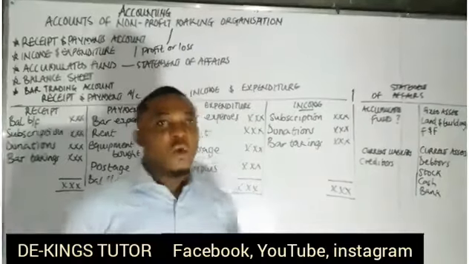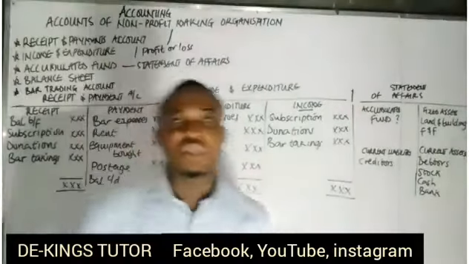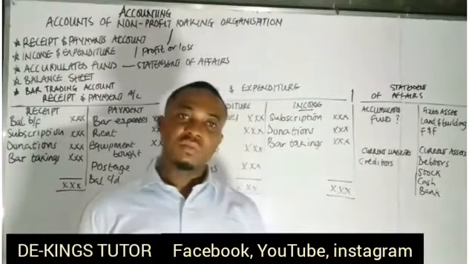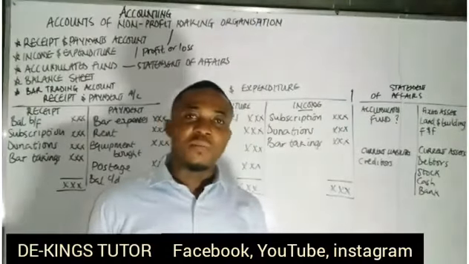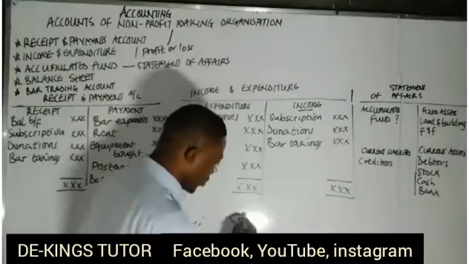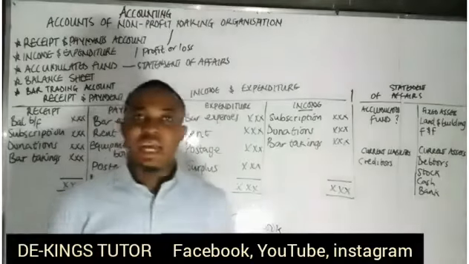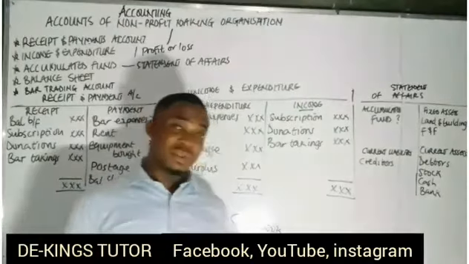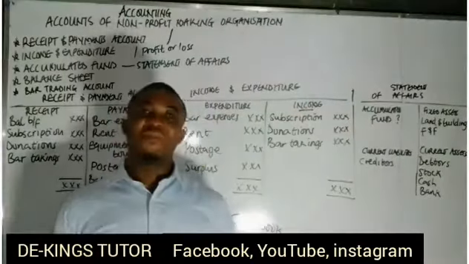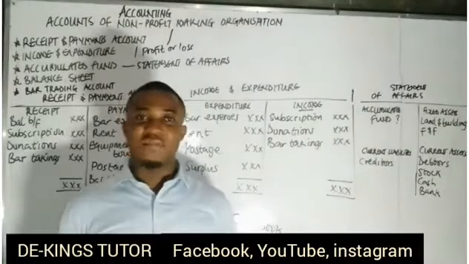Now, one of the records prepared by non-profit making organizations is the receipt and payment account. For a profit-making organization, it is called the cash book. Now, the receipt and payment account and the cash book are the same thing. It is just the nomenclature, the name, that differs.